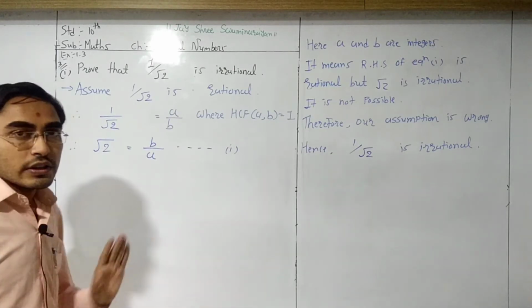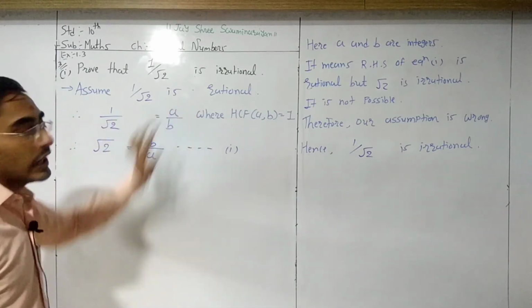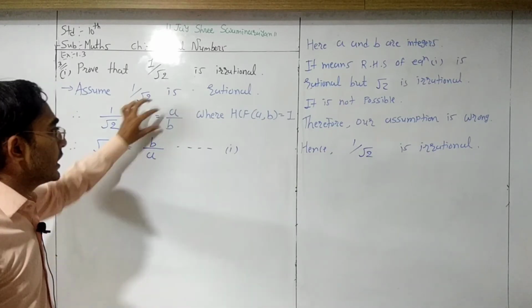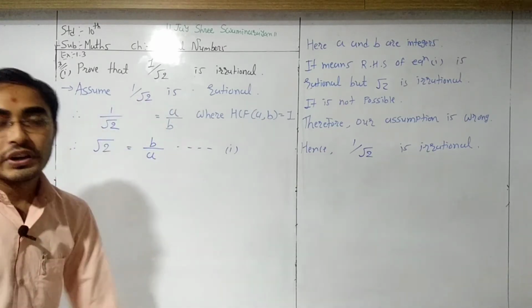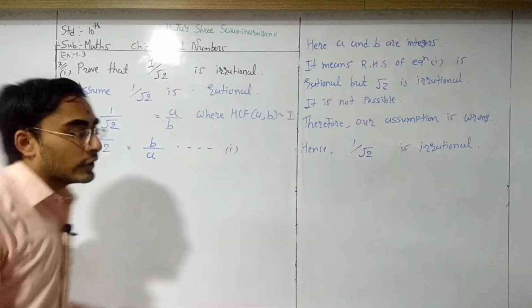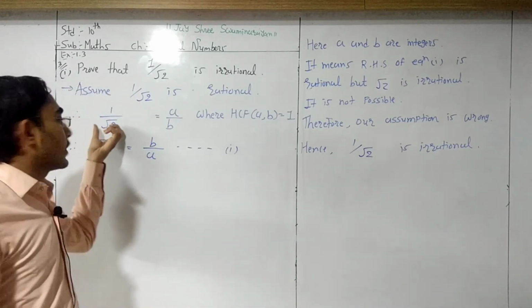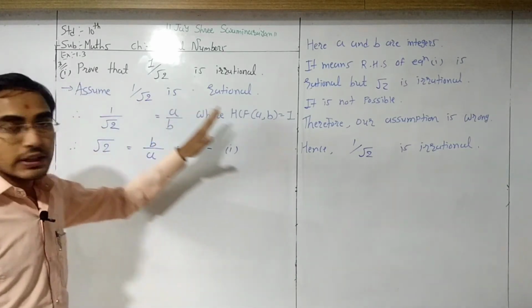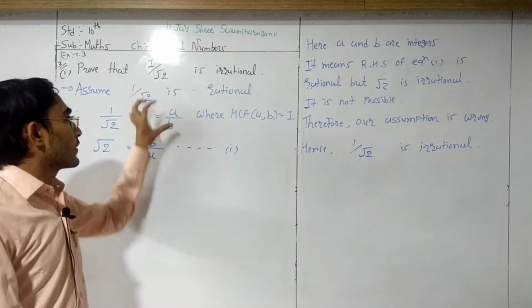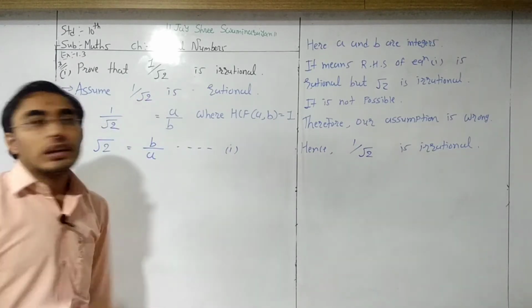Otherwise, you can transfer this under root 2 to the right hand side and a by b to the left hand side. Okay, you can also do this. That means transfer this under root 2 to the right hand side and transfer this a by b to the left hand side.